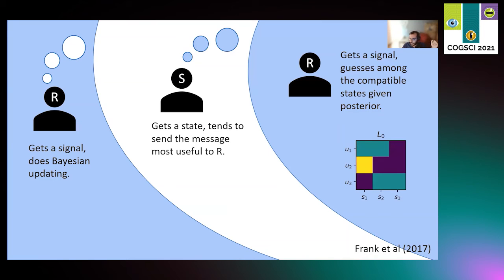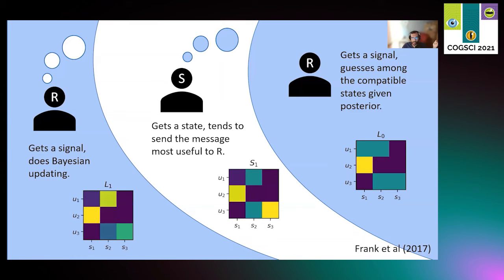Okay, then you can represent this in terms of arrays. And the crucial thing here is that if utterance 1 is compatible with state 1 and state 2, and utterance 2 is only compatible with state 1, then as you go through the layers of recursive mind reading, when you get to the pragmatic receiver, you have something that looks like a scalar implicature.